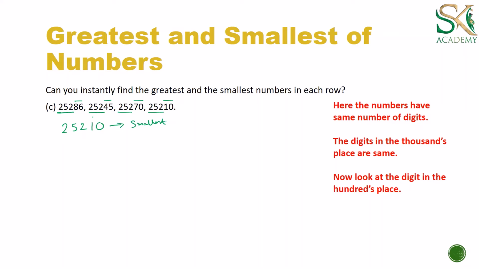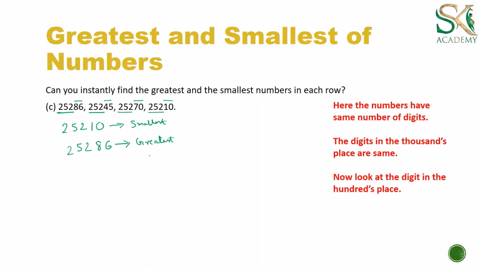And here you see 2, 5, 2, 8, 6. Why? 8 is greater than 4, greater than 7, greater than 1. That is why this will be your greatest number.